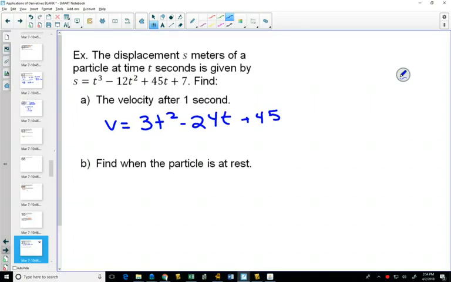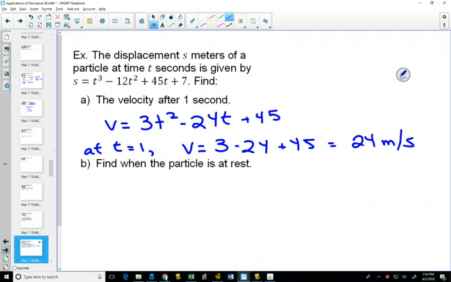And then at t equals 1, your velocity would be 3 minus 24 plus 45, which is 24 meters per second. Again, these word problems, if you're given units, meters and seconds, you make sure that you write your answer with the correct units as well.